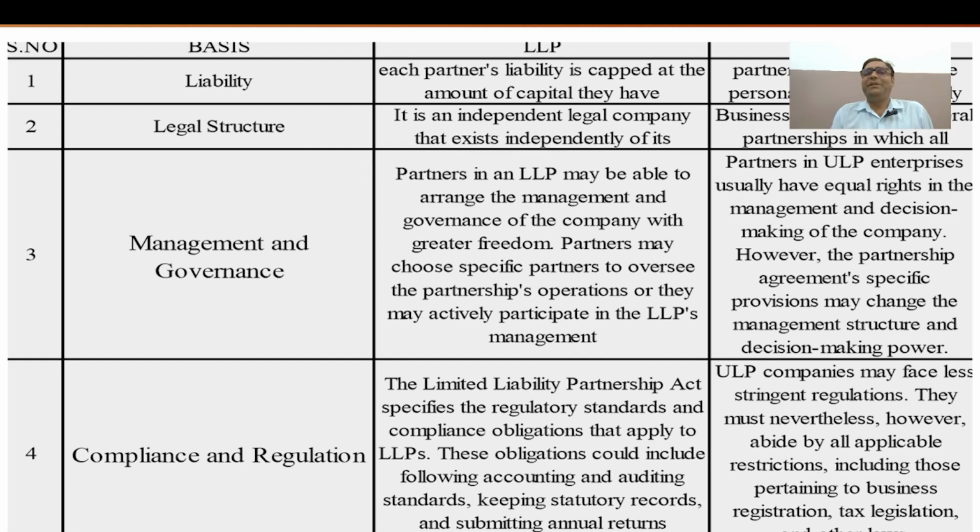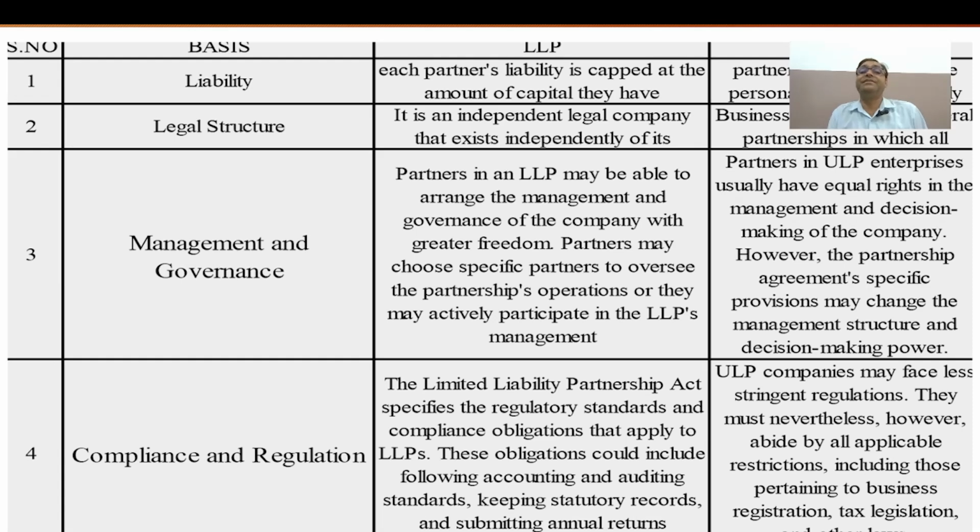Overall, the choice between LLP and ULP firm depends on various factors such as the nature of business, risk tolerance of the partners, and level of personal liability protection. LLP offers more limited liability protection to the partners. ULP firms may provide more flexibility in management and governance structures. Partners should carefully evaluate their options, seek legal advice, and determine the most suitable business structure for their needs.